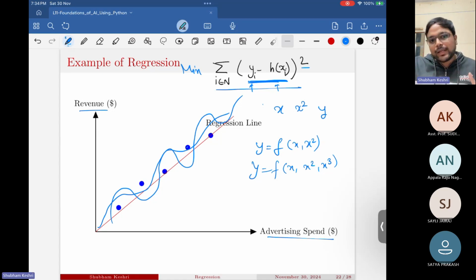Instead of just a linear line, you can have higher order curves using this idea. We are using the idea of linear regression, but doing polynomial regression because we are making the feature as square, cube, and so on and so forth. Okay. Any doubt?